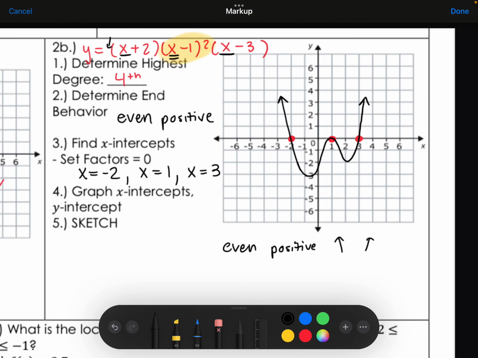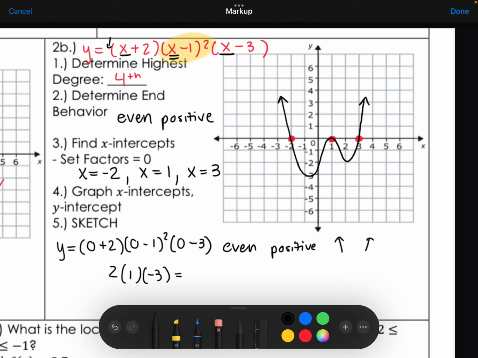So we could also find the y-intercept as well to get more accurate with where we land right here. We can do that by just simply plugging in 0 for all the x's. So I'm just taking my polynomial and I'm plugging in 0 for all the x's. So this gives me 2, and then negative 1 squared is 1, and this is negative 3.